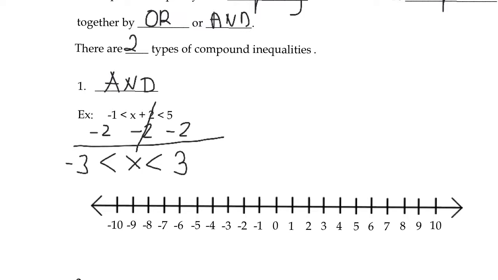Before we go and graph the solution on number line, let's quickly review a little bit. Sometimes I have solid circles, filled in circles, and sometimes my circles are open. Solid circles are for less than or equal, greater or equal, whether the open circle is for this symbol or this symbol.